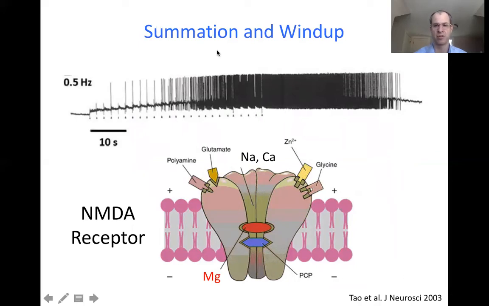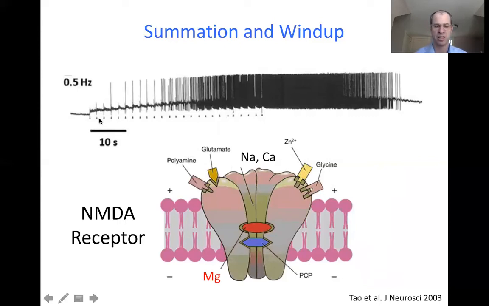Summation refers to a clinical phenomenon where with repeated stimulation of what initially might be an innocuous stimulus, there's an increase in one's pain perception through that repeated stimulus. Molecularly, this is known as wind-up, and these little dots here indicate stimulation of a peripheral neuron, a first-order neuron, and the action potentials here are coming from recordings of the second-order neuron.